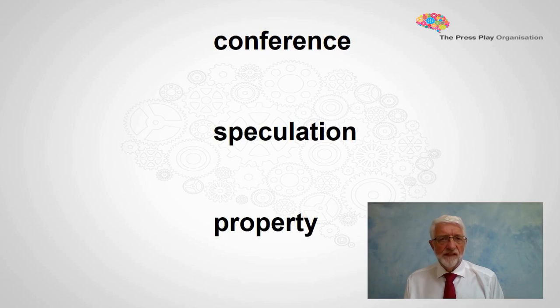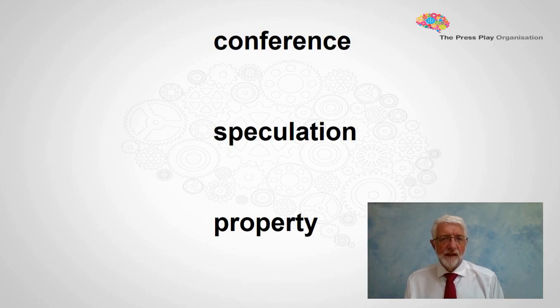Speculation. The next word. Property. It's easy to see these words when you see them all together. However, to try and see the word 3 letters at a time is much more difficult.